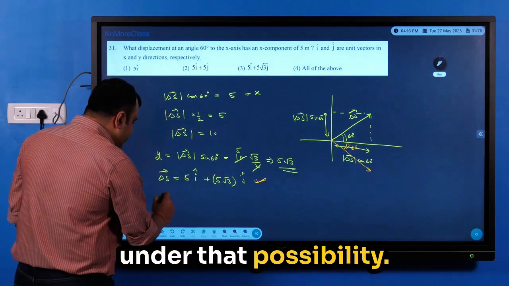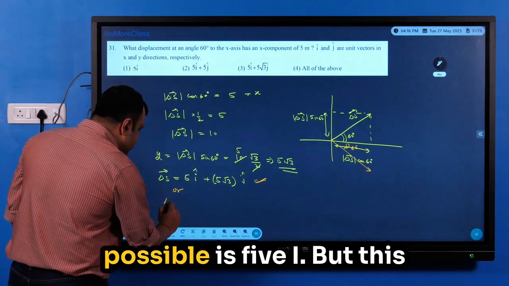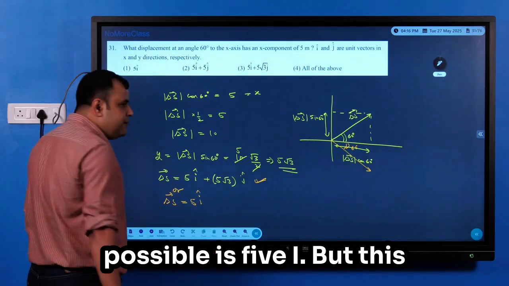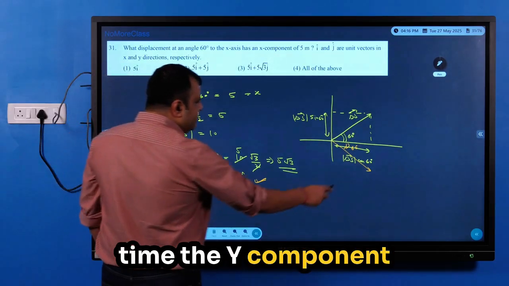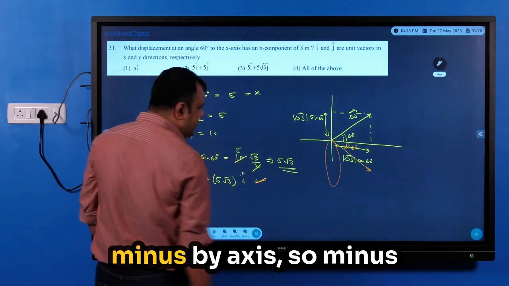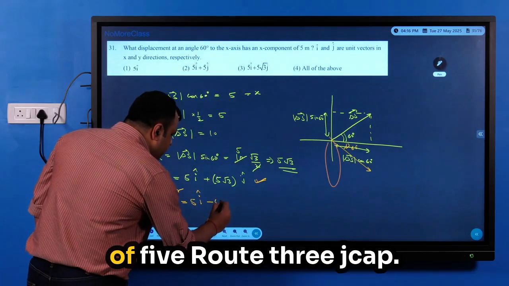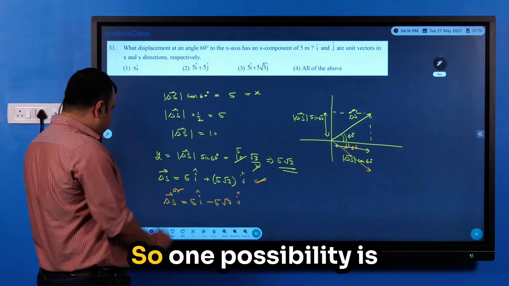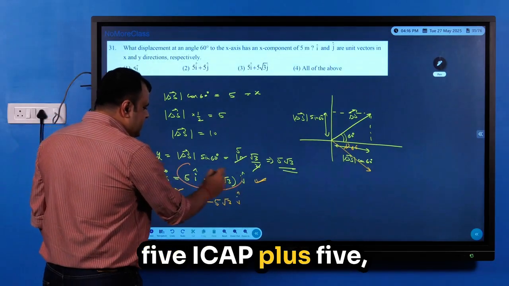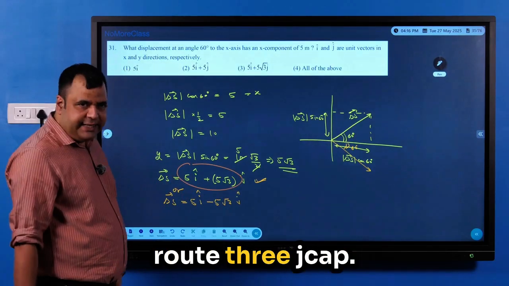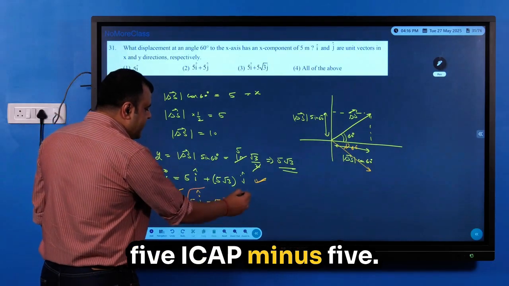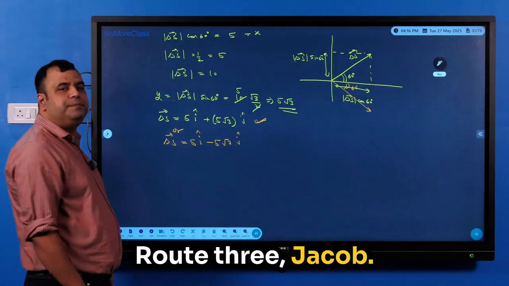Under that possibility, the other option is 5 i cap, but this time the y component will be along the minus y-axis, so minus 5 root 3 j cap. So one possibility is 5 i cap plus 5 root 3 j cap. Another possibility is 5 i cap minus 5 root 3 j cap.